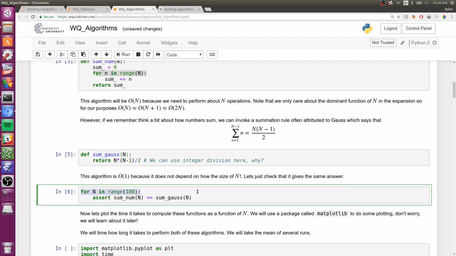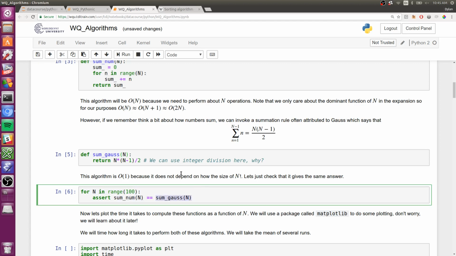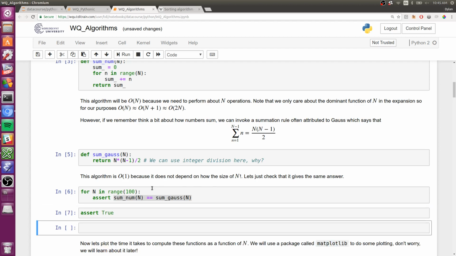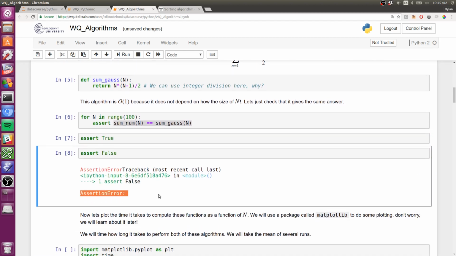So what's happening here is for every n between 0 and 100, I compute the sum using our first function, and I compute the sum with the second function, and I assert they are equal. I can't remember if we've used assert before. The purpose of assert is that assert true will do nothing, assert false will throw an assertion error.